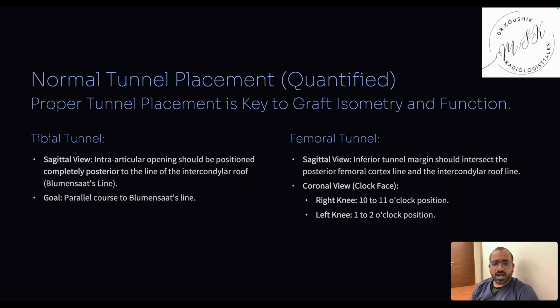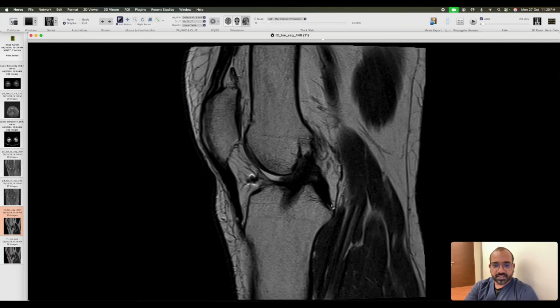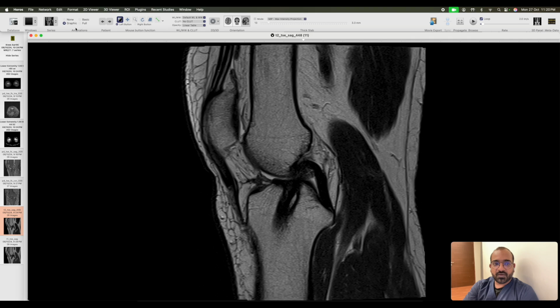How should my tibial tunnel be, and how should my femoral tunnel be? See this slide. This is a post-ACL reconstruction knee joint, T2-weighted image. How should my tibial tunnel be? The tibial tunnel should be posterior to the line drawn for the intercondylar notch of the femur.